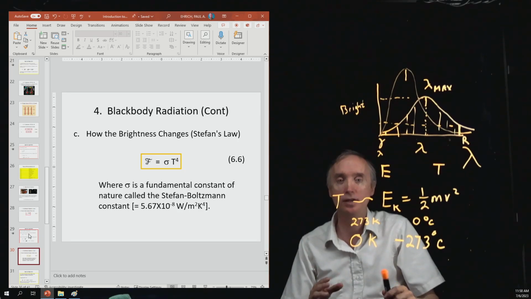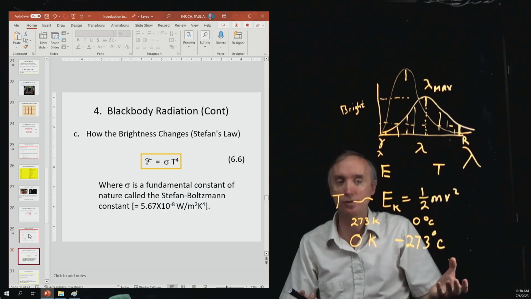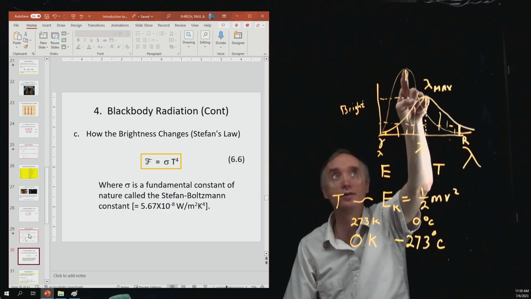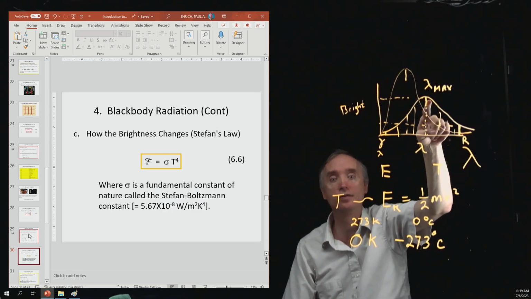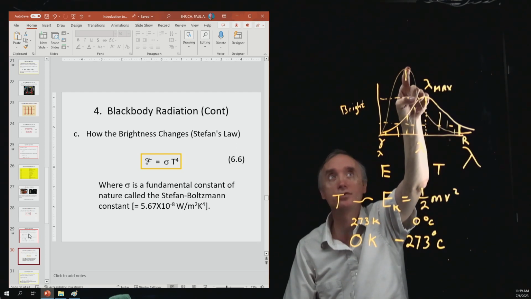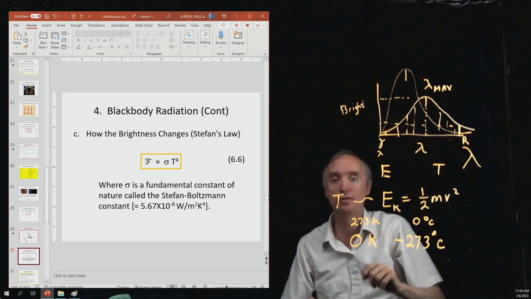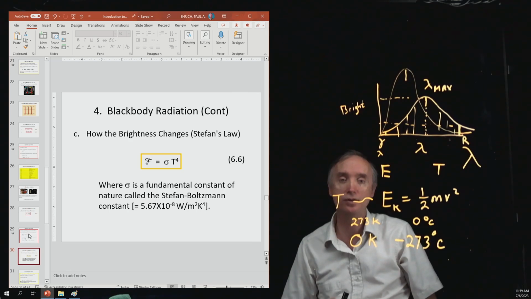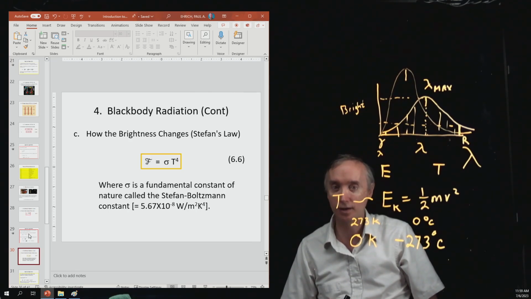Notice it is proportional to the temperature, so that if you increase the temperature, you increase the brightness. Notice this curve is taller than this curve here. So as I increase the temperature, it got taller. So the brightness will increase if you increase the temperature, but it's not what you expect.